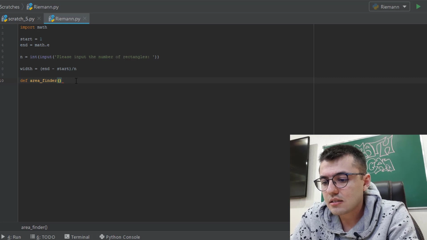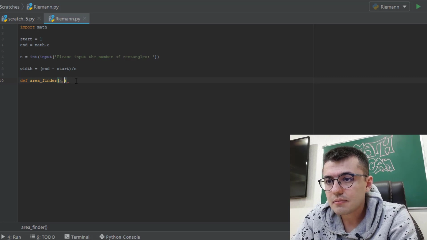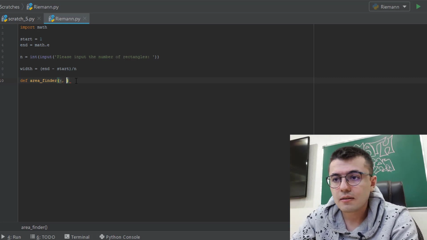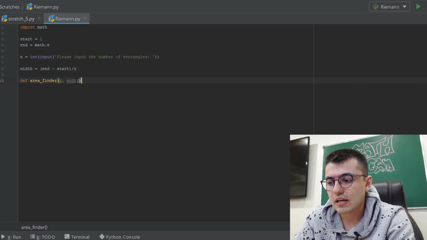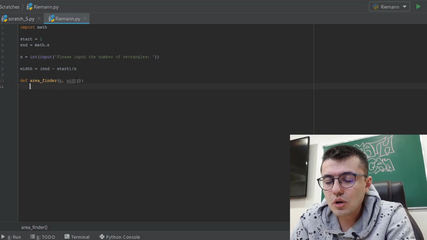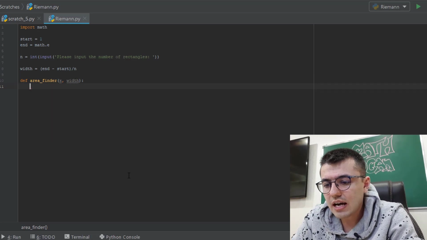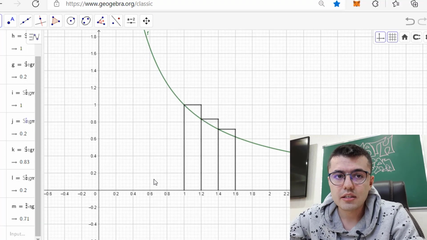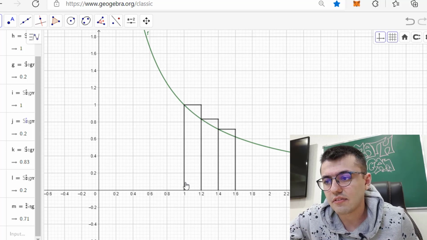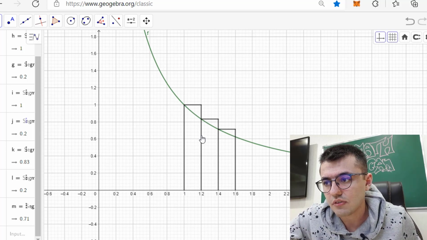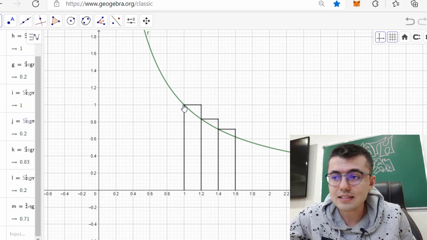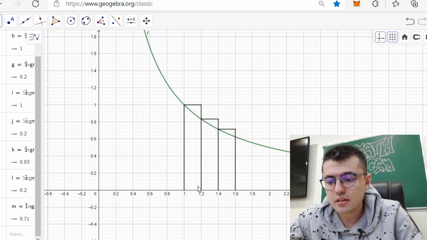I'm going to pass 2 variables: x, the x value that I'm currently in, and the width of each rectangle. So what I want the function to do with these 2 pieces of information, first, it has to find the area. How to find the area? Let's find out the logic. In order to find the area of this rectangle, I have to multiply the length, or the height, by the width, right?